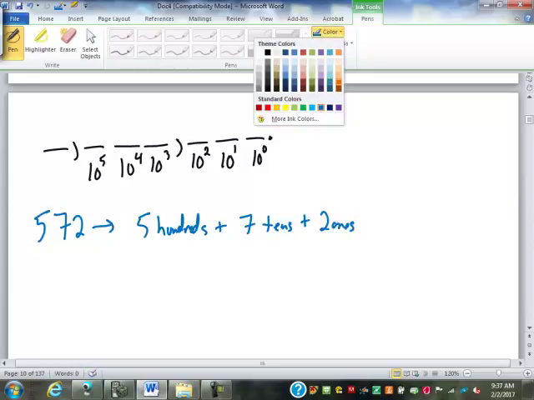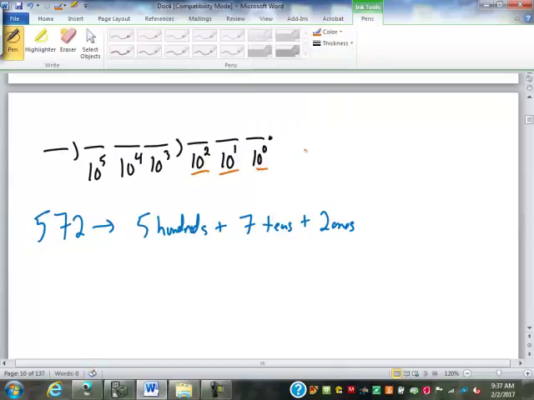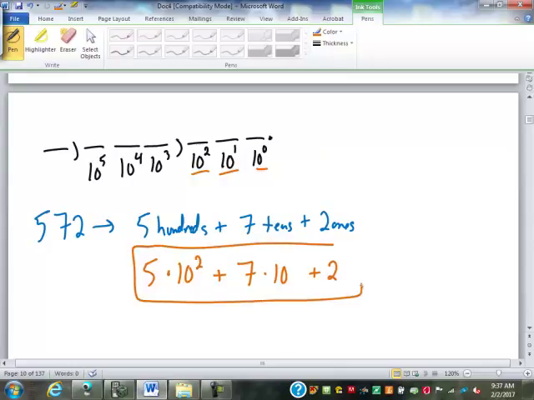But we can shorten that up using the powers of 10 as just 5 times 10 squared instead of 500s, plus 7 times 10 to the 1, or just 10, plus 2 times 10 to the 0, or 2 times 1, which is just 2. We just leave it as 2. We don't have to put a label on that. If we see our numbers written out in expanded form like that, it makes our algebraic numbers make a lot more sense.